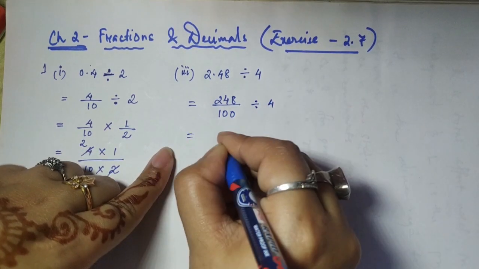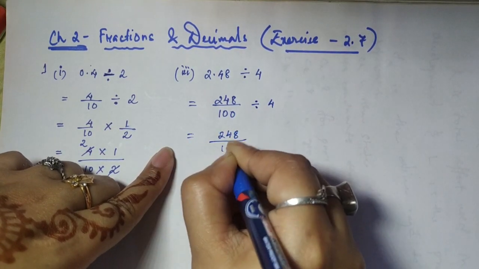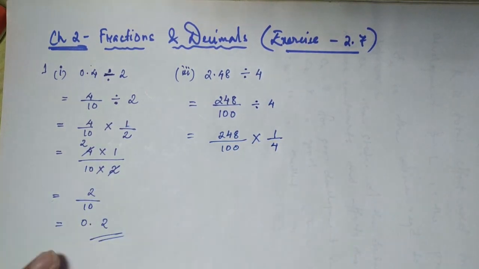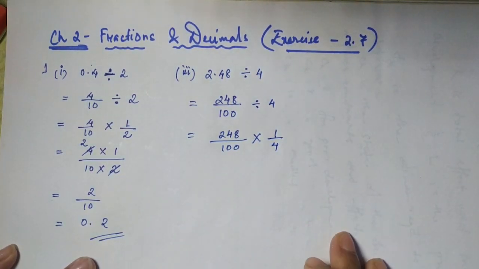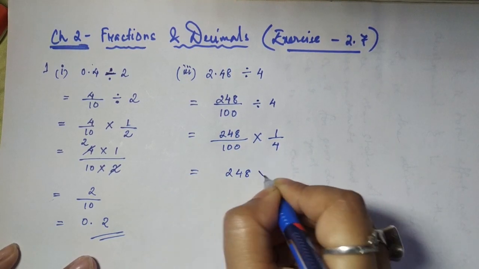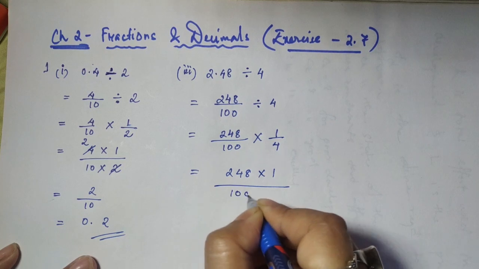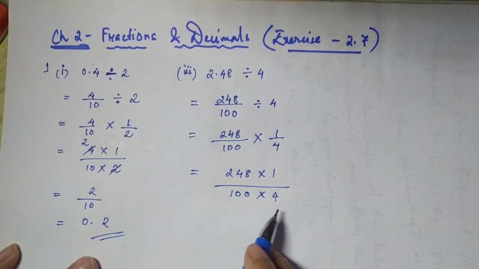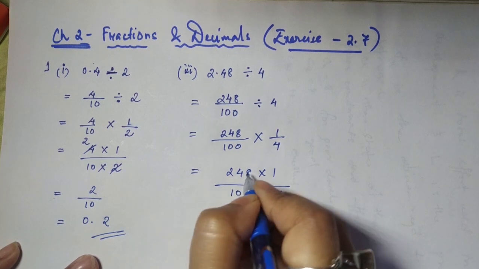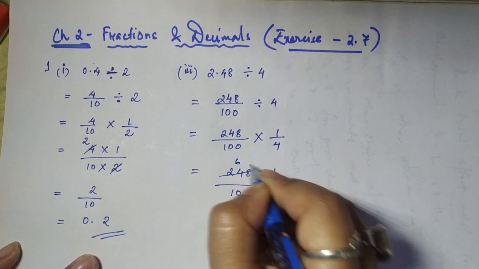Now the next step is I will change the divide sign into a multiplication sign, and what happens to this? It gets reciprocal here, right? So what I will do here now, again I will write 248 into 1 divided by 100 into 4. If I can see, this gets cancelled here. This, if you cancel, it will become 4, 6 are 24, 4 2s are 8.